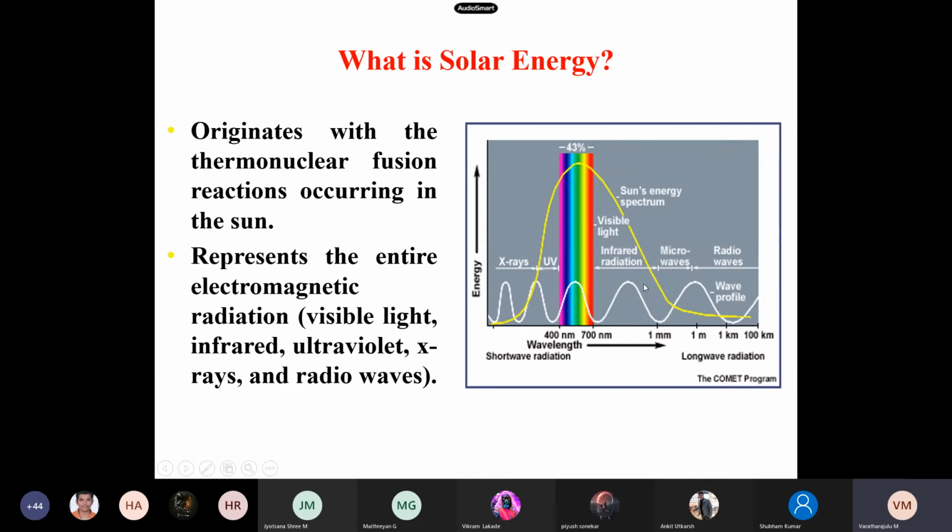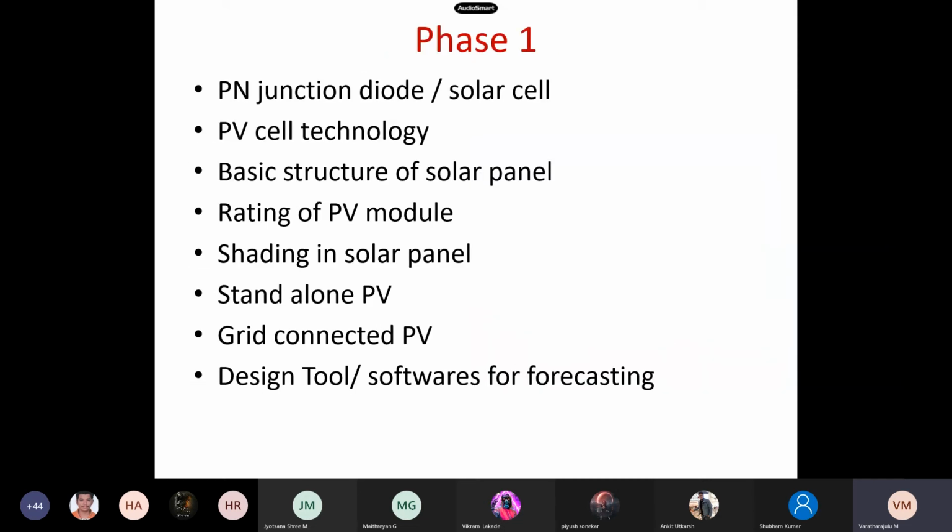The infrared has the energy variations, and these wavelength variations from UV to infrared vary from 400 to 700 nanometer, and it is a very short wave radiation, and this is what we are trying to convert into electrical power.